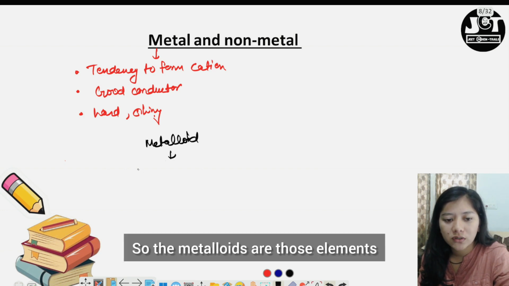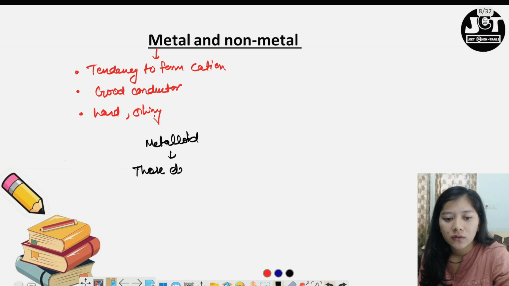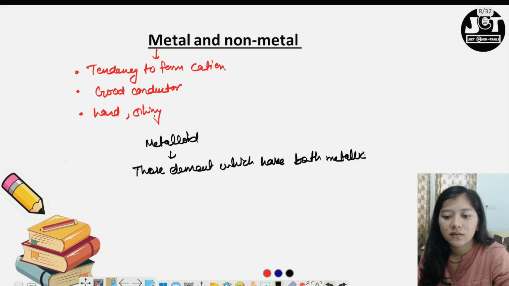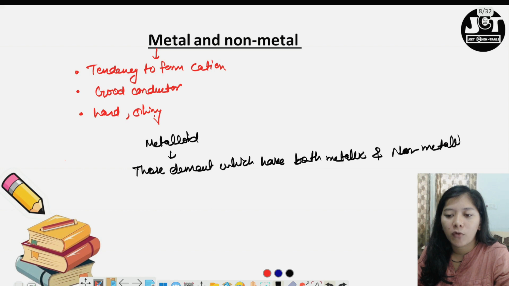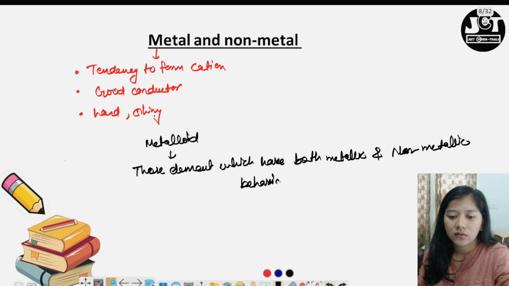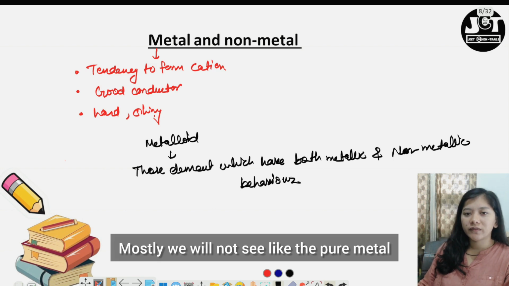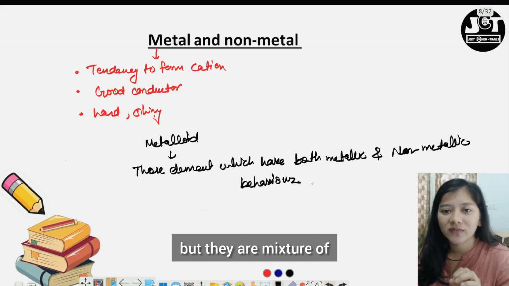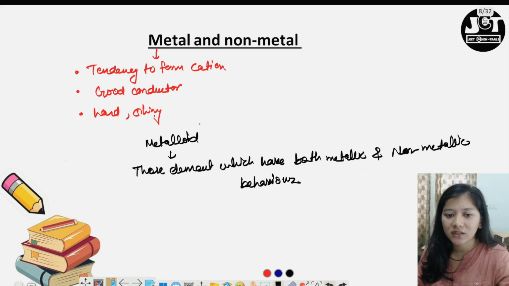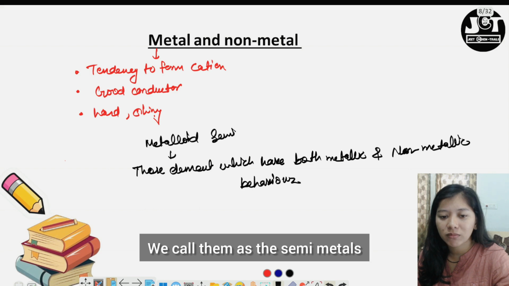Metalloids are those elements which have both metallic and non-metallic behavior, or you can say they are in between. Mostly we will not say they are pure metal or pure non-metal, but a mixture of that, and that's why we call them metalloids. Another name for them is semi-metals.